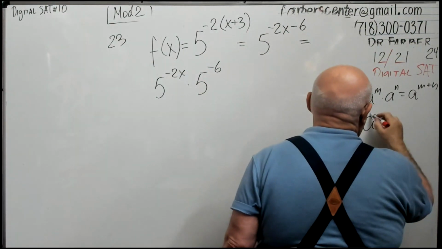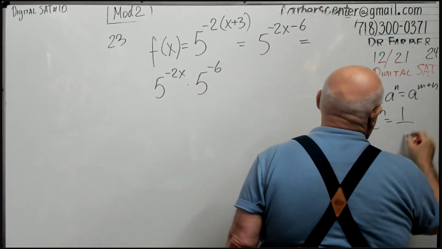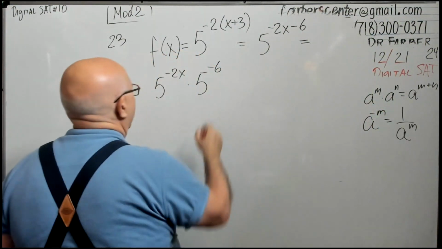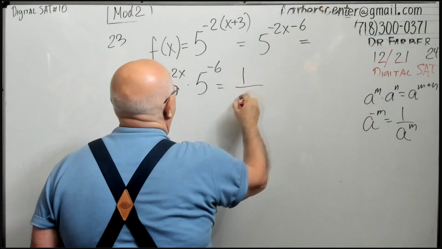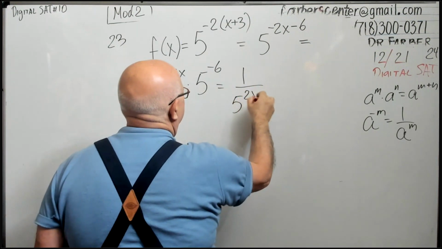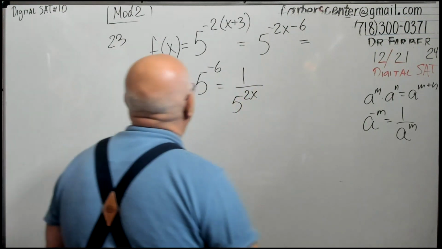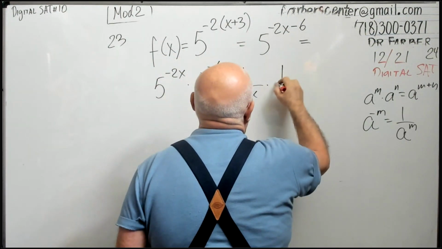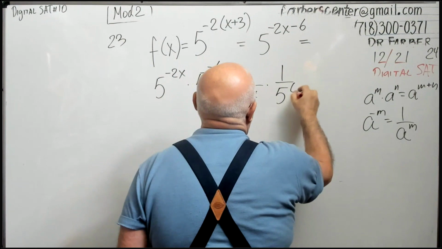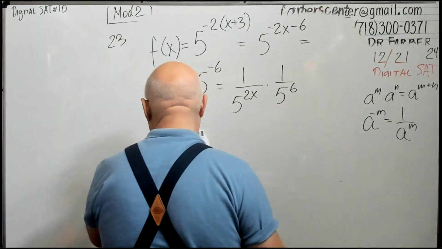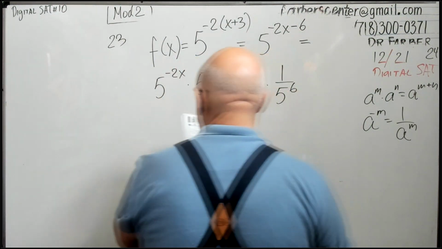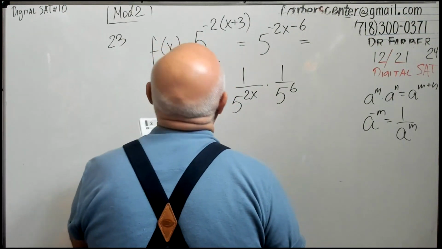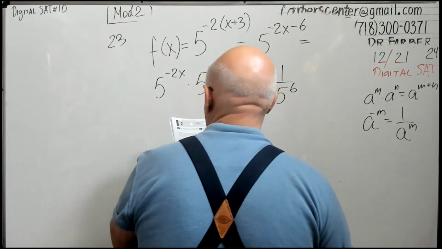A to the power negative m equals 1 over a to the power m. It's the same as 1 over 5 to the power 2x, multiplied by 1 over 5 to the power 6. Look at the multiple choice, what they have. And this is 2x, right?